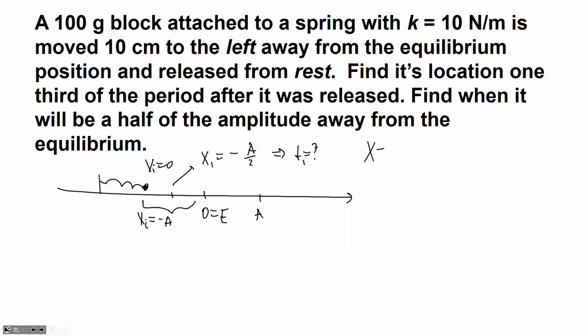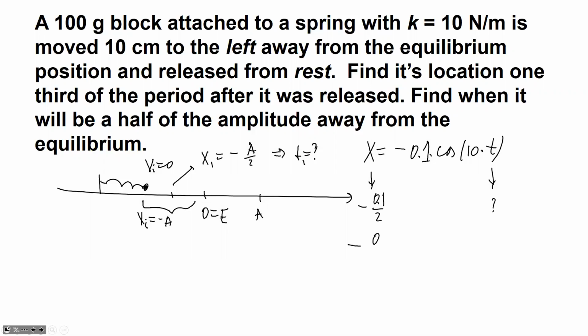Well, we know the equation. For any time, for any instant, it is this. So the question is when, this is the question mark, x equals negative 0.1 over 2.